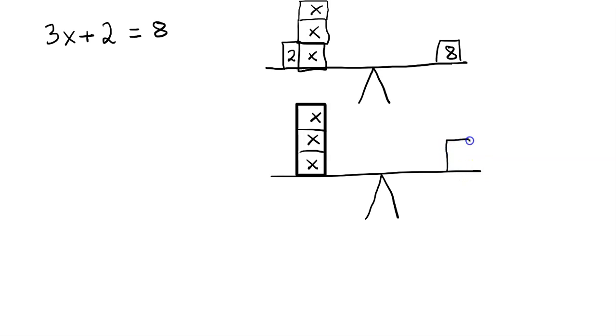So if it balances this, then after taking away 2 on both sides, you still will balance the scale here.